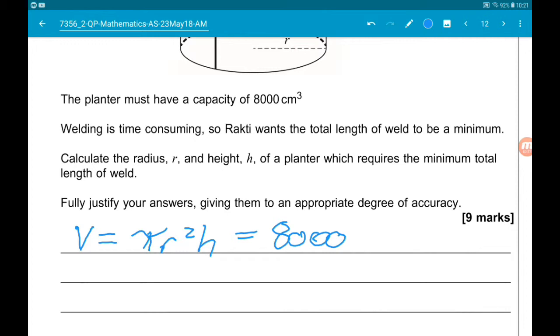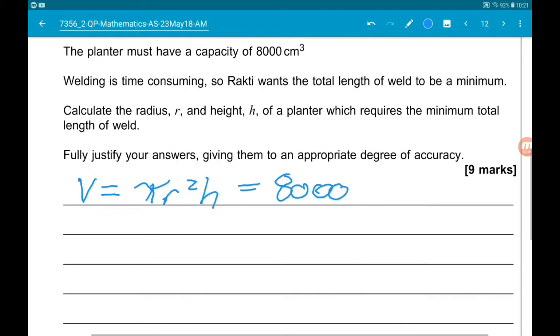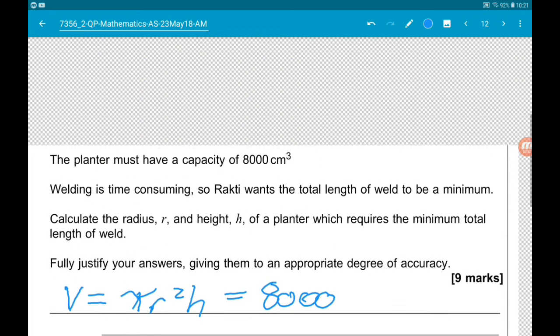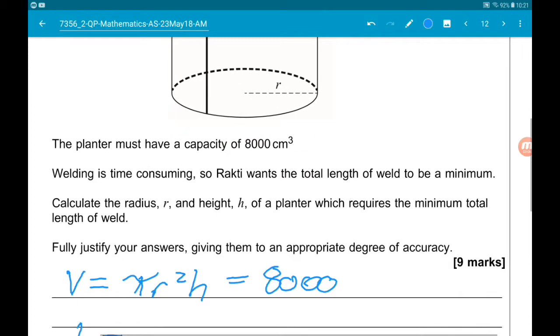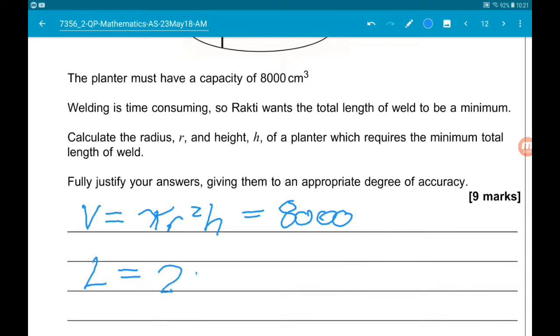Okay, now what we can also work out is the total length of weld in terms of r and h. So I'm going to call this L. Now the total length of weld is one lot of the circumference of the base, so that's pi times diameter, or 2 pi r, add the height of the cylinder, because that's the length of the joint.